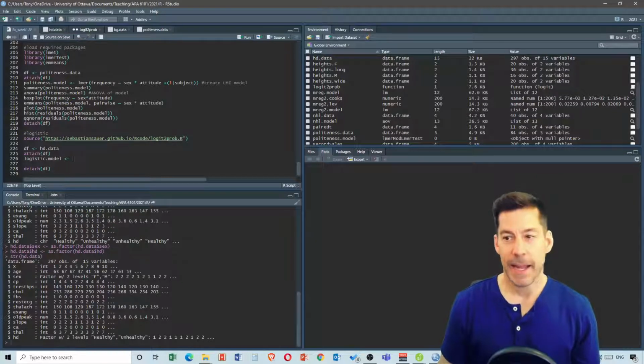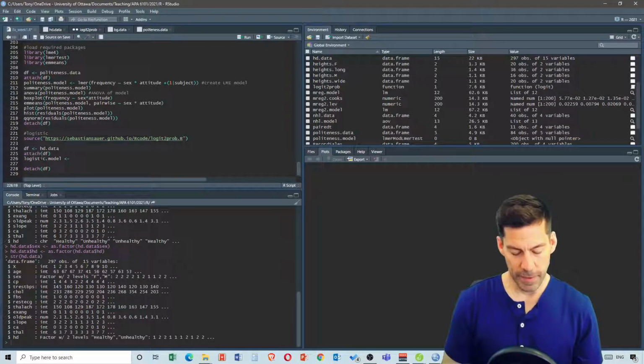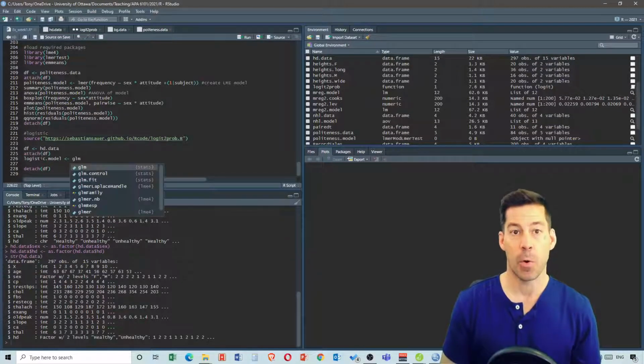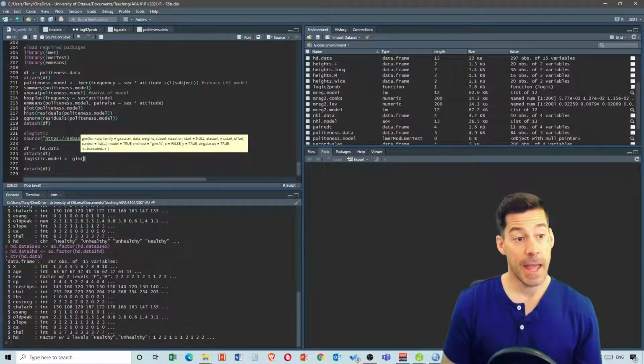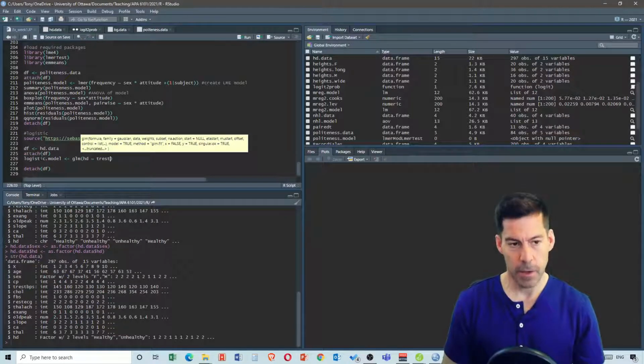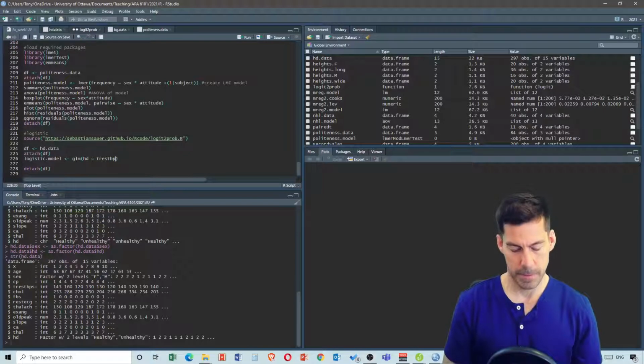Now, into that, what we're going to do is use the command glm, or generalized linear model. The structure is basically the same as what we've seen for all the different linear models that we've done before. So we want to predict heart disease as a function of trestbps, that's our resting blood pressure.